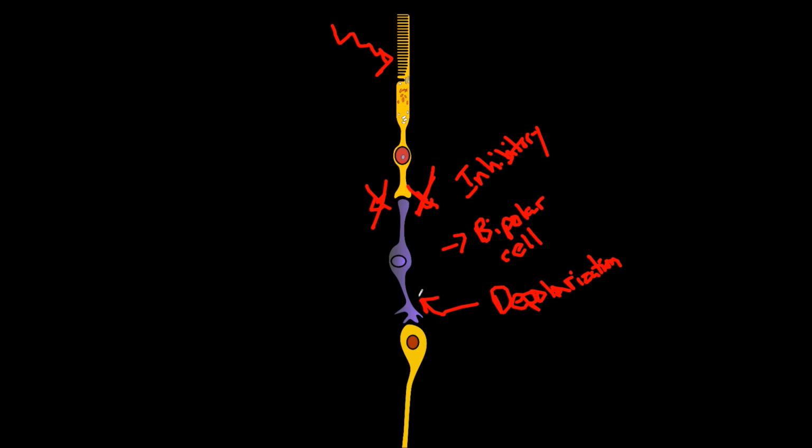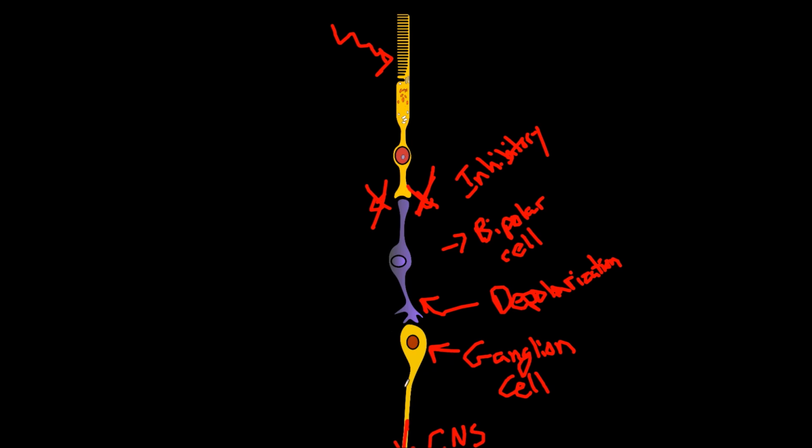This depolarization is going to cause this graded potential. It's going to release neurotransmitter onto this final cell, which is a ganglion cell. This ganglion cell then is going to have an axon that goes to the CNS, to the brain.